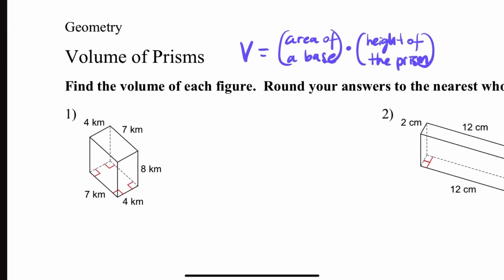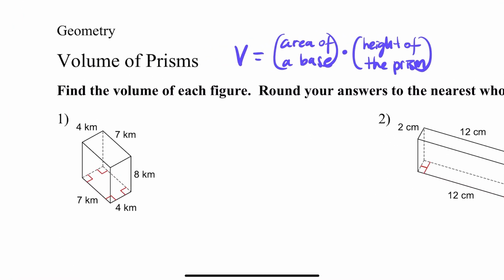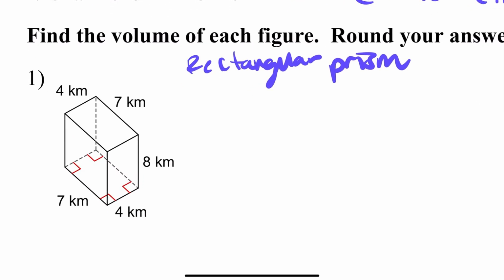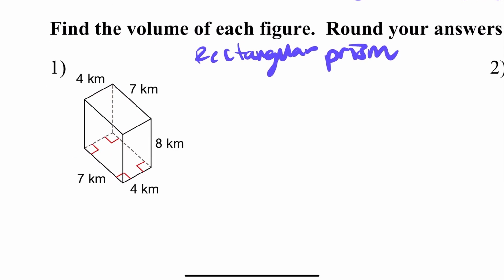So let's go ahead and get started. We're going to talk about going over rectangular prisms first. So this is called a rectangular prism. And the reason it's called a rectangular prism, right, that word rectangle, is because the bases are literally rectangles. And so let's use that formula.